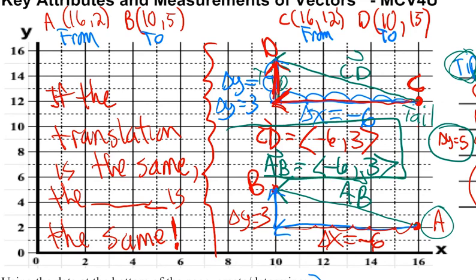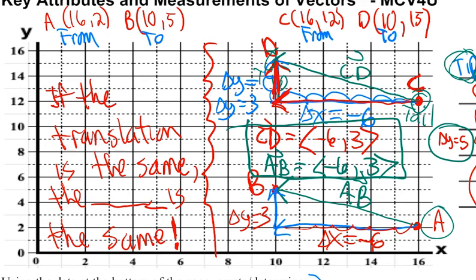They're exactly the same. -6, 3, -6, 3. Notice that they start and end at totally different locations on a Cartesian coordinate system, but the vectors are the same. They're equivalent vectors. That is such an important idea to learn, because what it tells you is that vectors do not depend on location. They only depend on change in location.